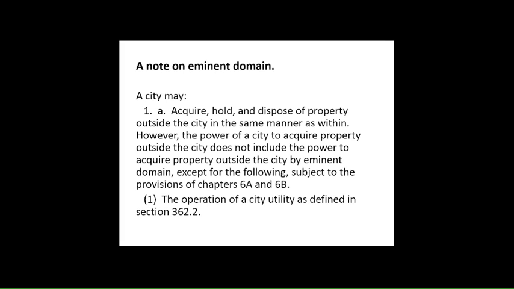Your sources of gas, electricity, and water may be in the city, rarely are, usually are someplace outside of the city. So to bring the utility service into the city, you need to be able to use eminent domain powers. Same thing with sewage treatment plants, generally located outside the city. To connect the sewer to the sewage treatment plant, you may need to use eminent domain powers, again, outside of the city. Well fields, those things which are the source of water itself, are commonly outside of the city.